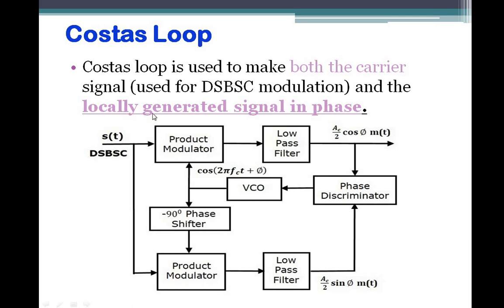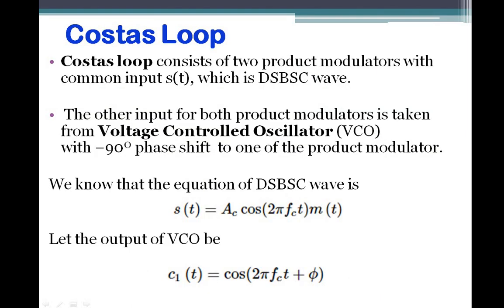Okay. So what is the advantage of Costas loop? It is used to make the carrier signal used at your DSBSC modulation and the locally generated carrier signal in phase. That is done in your Costas loop. Now see, the Costas loop consists of how many product modulators? 2.